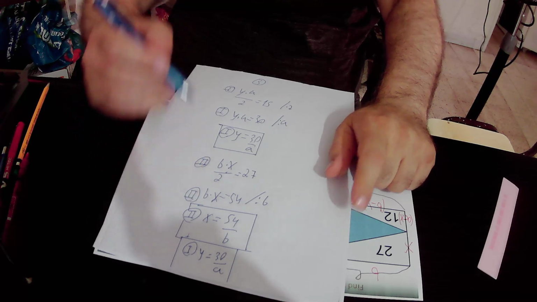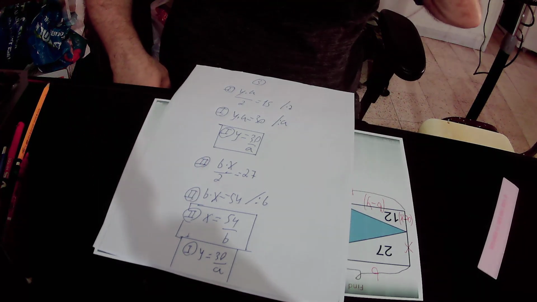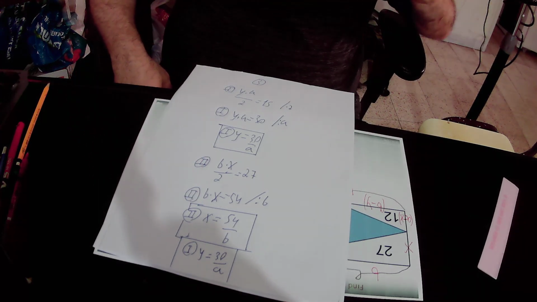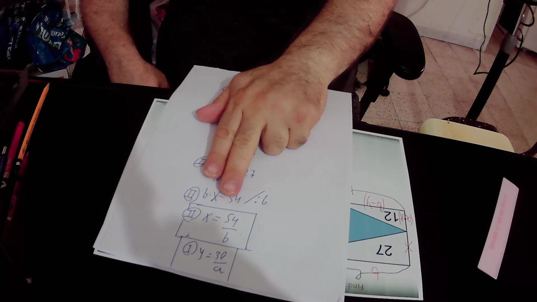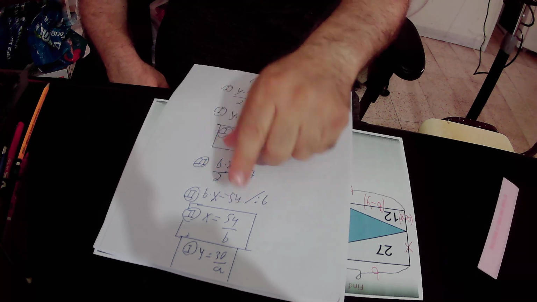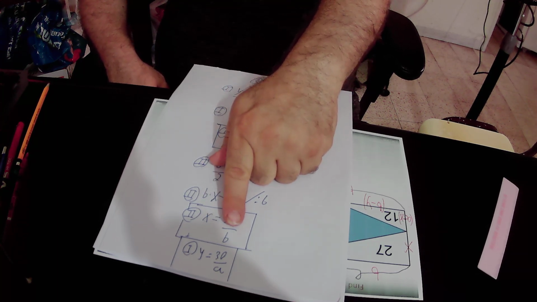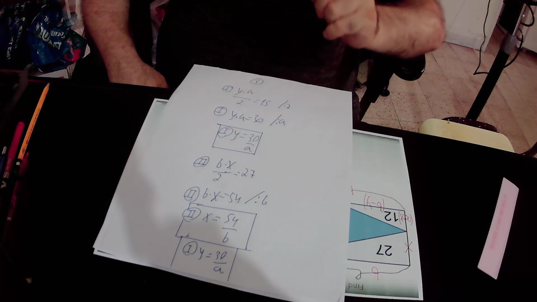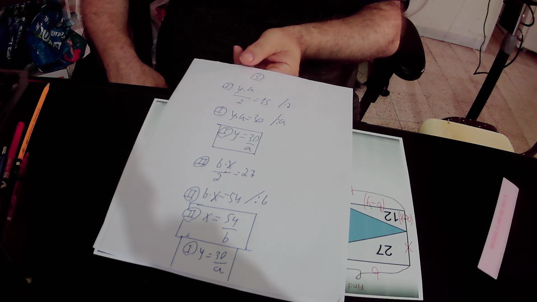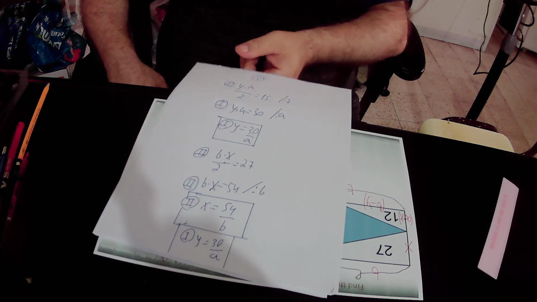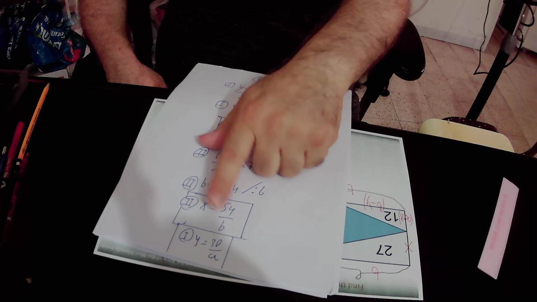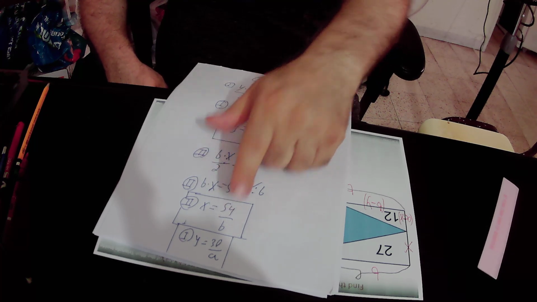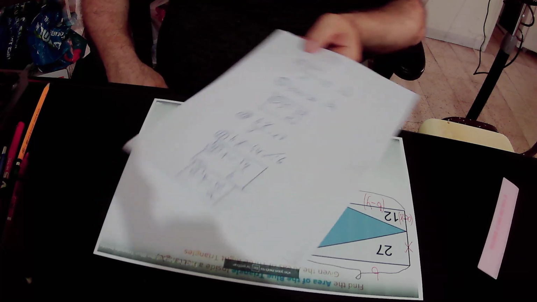Okay, in the next step we will substitute x by 54 over b and y by 30 over a in the third equation. Again, we substitute x by 54 over b and y by 30 over a in the third equation.